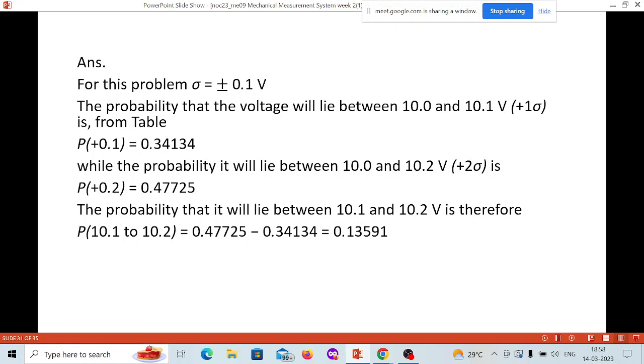From the table, for the error function, the probability for 1 is 0.34134, and for 2 sigma it is 0.47725. Since the sigma values vary from 1 sigma to 2 sigma, the eta values will be 1 and 2.